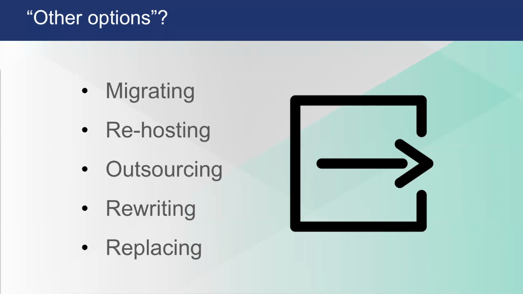So it is worth making a very good assessment of the plans. And then the next one is replacing. So the legacy application is going to be retired, and another application that perhaps is purchased or acquired replaces that functionality.